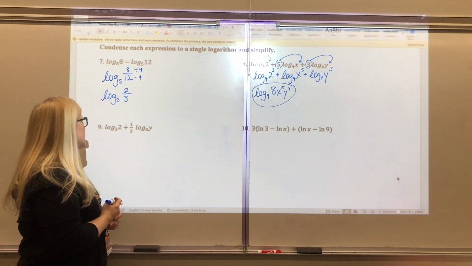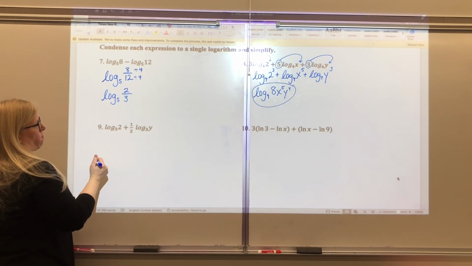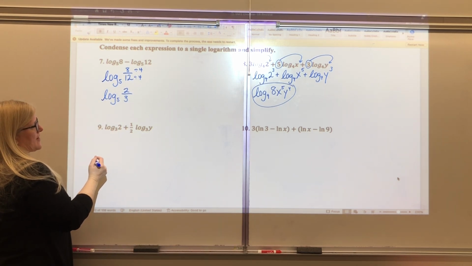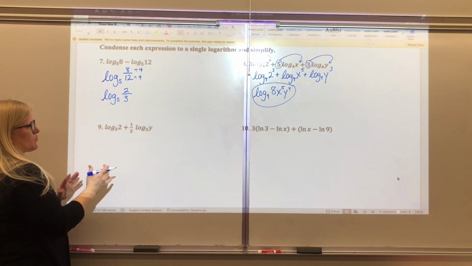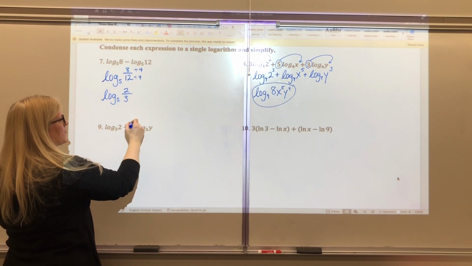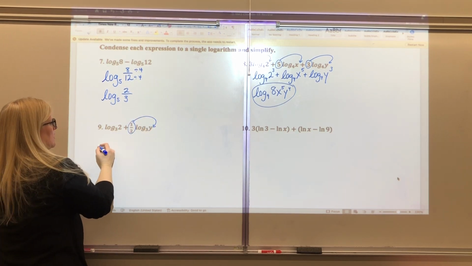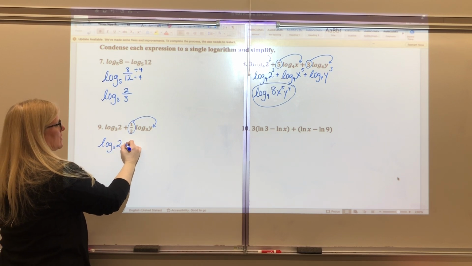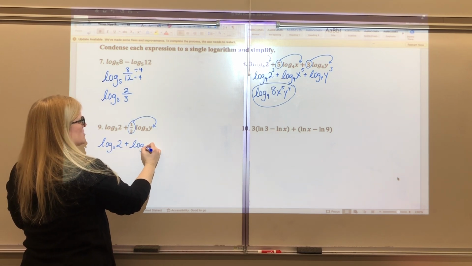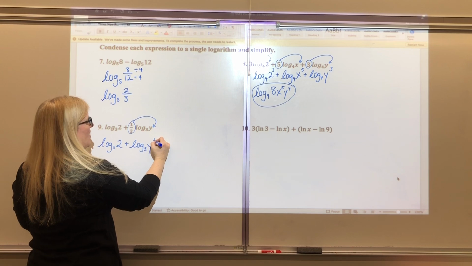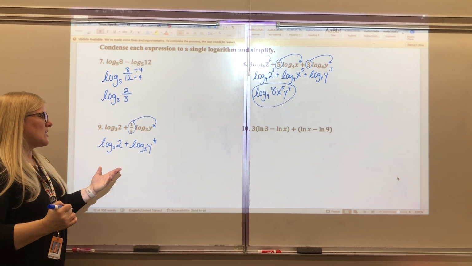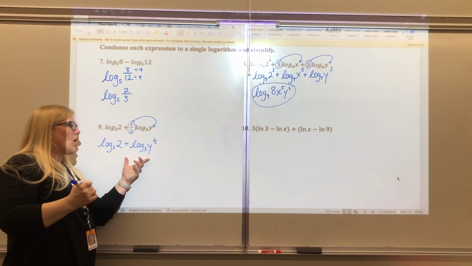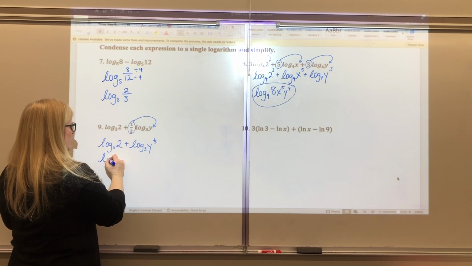All right, number 9. This first one, it's just what it is, but this one I can bump. So I have log base 3 of 2 plus log base 3 of y to the 1/2. Okay, and you could, one more step, sorry.